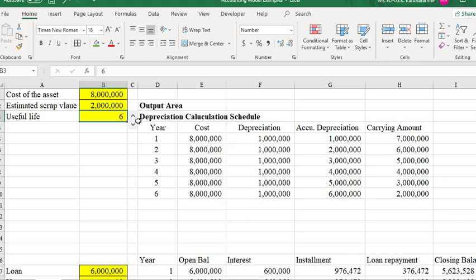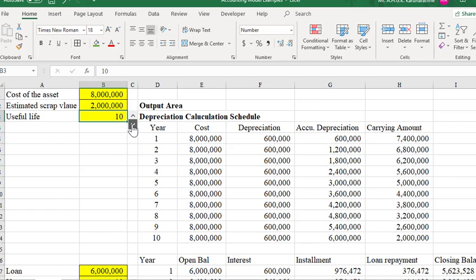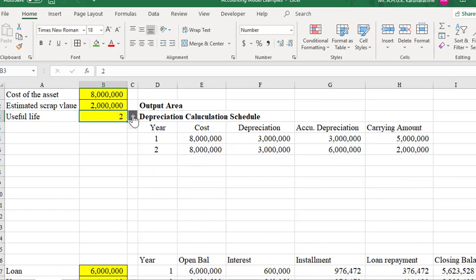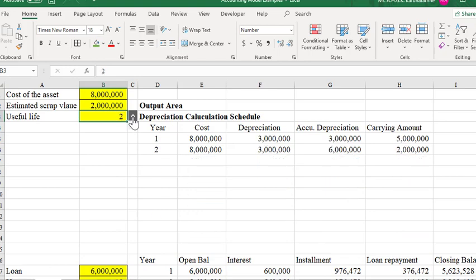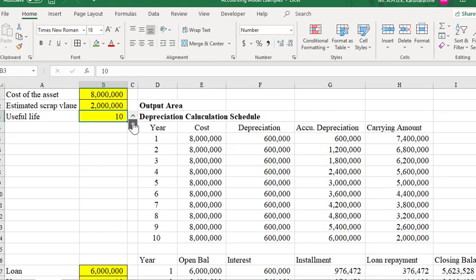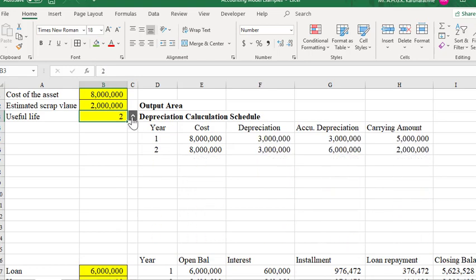For example, here you can see I have combined a scroll bar button to this particular cell, so I can easily change this. No need to type, right? Easily change, very simple.